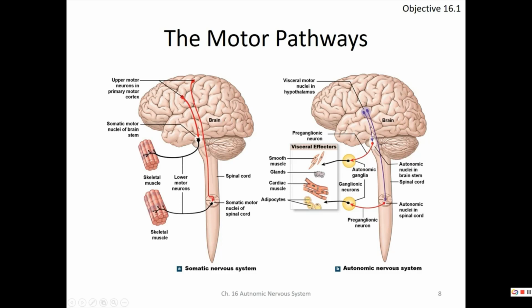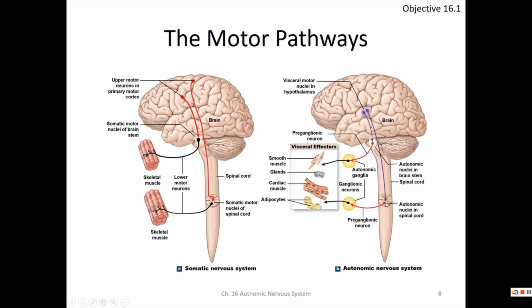Okay. Now, hypothalamus. All the neurons start in the hypothalamus. They go down to an autonomic nucleus in your brainstem, or an autonomic nucleus in the spinal cord. So that is the similarity here. The first neurons in the series in somatic go either for cranial nerves or for spinal nerves to the nuclei down there.